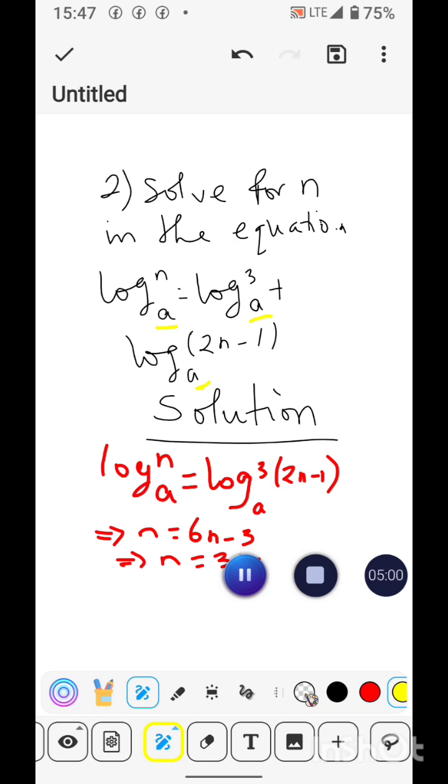Now, if log n base a is equal to log 3 into 2n minus 1 base a, since they are equal, it means n is equal to 6n minus 3, which will make n the subject here. You are collecting like terms and you obtain your value of n in this question now.